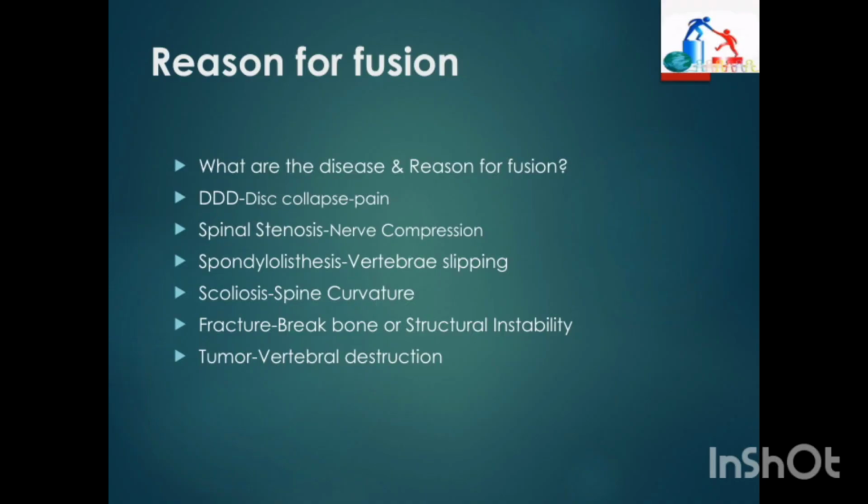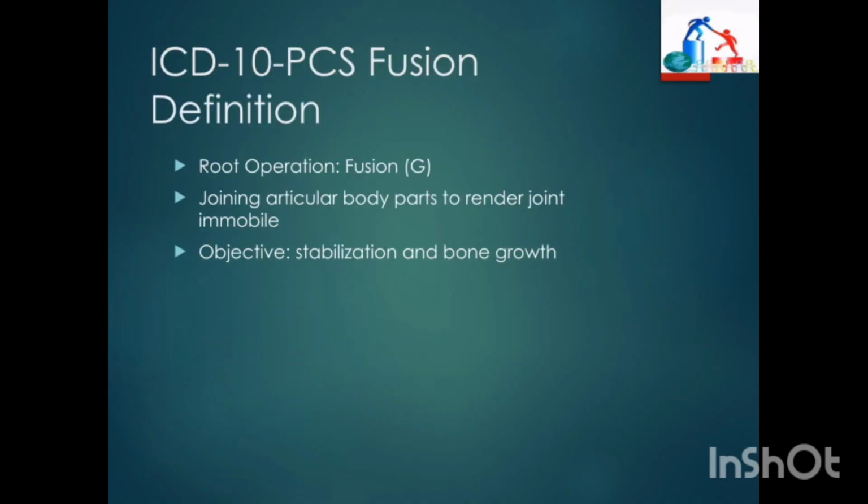Today, I want to focus on the root operation called fusion, which is represented by the letter G. Fusion involves joining two articular body parts. So essentially, we're connecting bones at a joint. The main goal here is to render that joint immobile, meaning we want it to stay fixed in place.